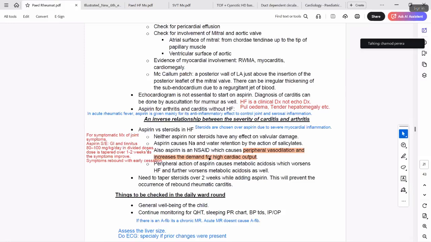But also with aspirin there is sodium and water retention because it's a salicylate, and also it is going to cause peripheral vasodilatation that is going to reduce the afterload, and also it is going to increase the basal metabolic rate. Because of all these reasons, the cardiac output is going to increase. So that is going to worsen the heart failure.